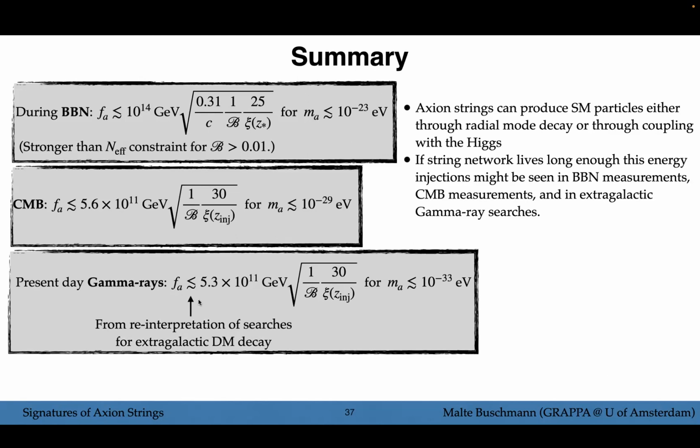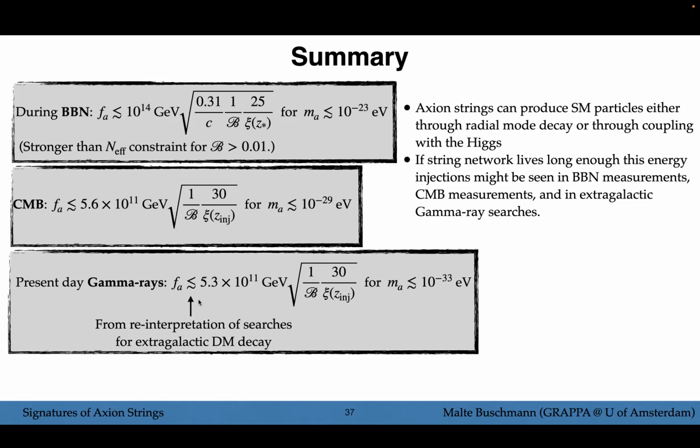Hi, Malte. Just a very quick question. Which way round should I be reading the limits here? I think it's a limit on the coupling, so you're excluding small values of f, right? For example, the top one, you're excluding f less than 10 to the 14 GeV for this range of masses. Is that the right way around to read the limits?